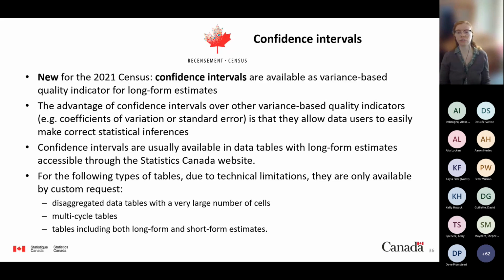The confidence intervals are usually available in data tables containing long form estimates that are accessible through the Statistics Canada website. There are three exceptions to this where, because of technical limitations, the confidence intervals aren't included in the disseminated tables, but they're usually available by custom request. So these exceptions are disaggregated data tables with a very large number of cells, tables that contain data from multiple census cycles, and tables that include both short form and long form estimates.